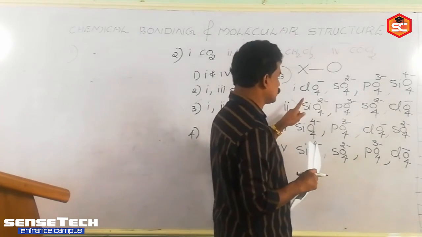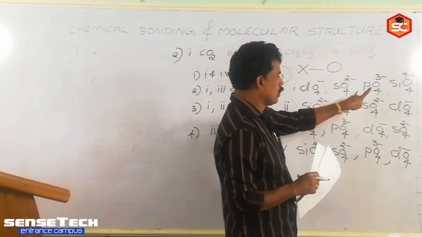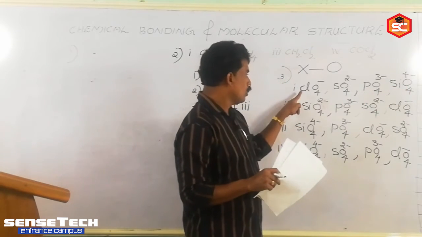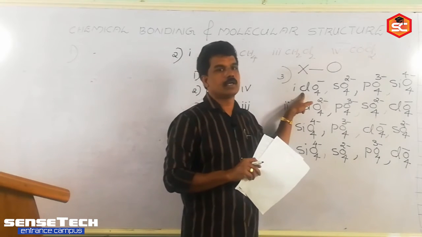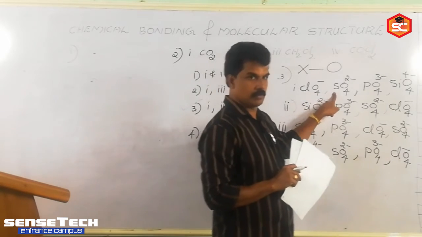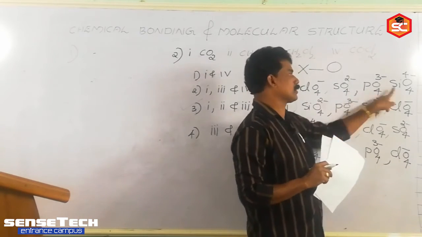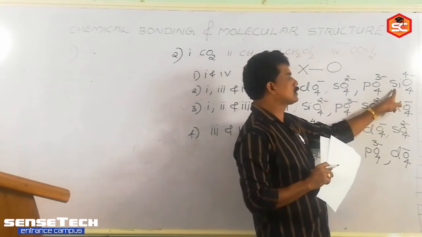Silicon and oxygen, chlorine and oxygen, sulfur and oxygen, phosphorus and oxygen. Chlorine, a halogen, is an electronegative element, with electronegativity also nearly 3.5. Sulfur is less than chlorine. Phosphorus is less than sulfur. Silicon is a metalloid, not a non-metal, so it will have the least electronegativity value.